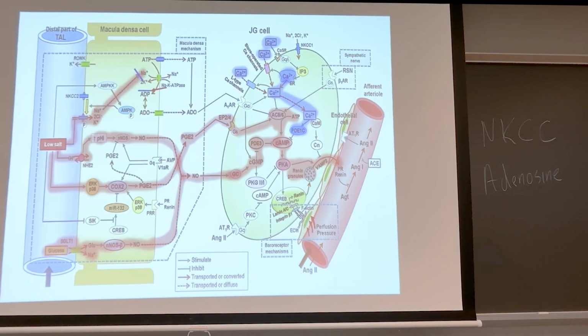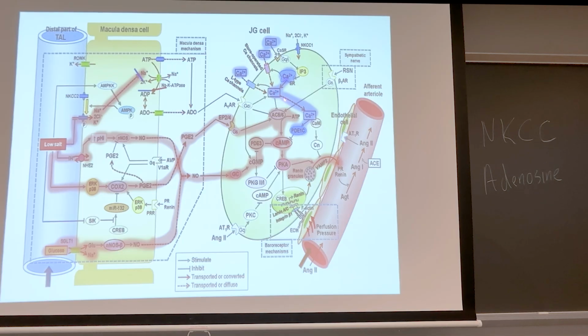IP3 is inositol triphosphate, which is released because of phospholipase activity, right? So this G protein of the adenosine receptor is going to activate phospholipase C, and it's going to produce IP3 and DAG, which both increase intracellular calcium.